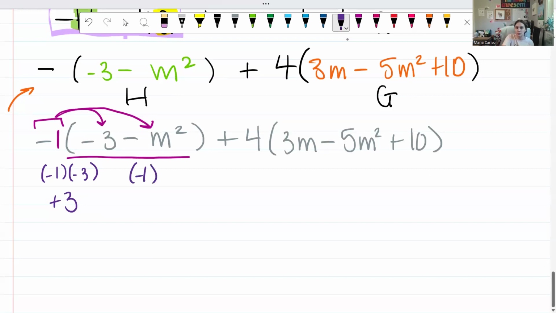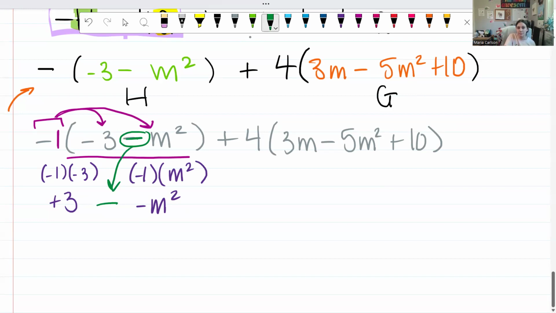And now you have a choice. We can make this plus negative m squared, or I can just leave the minus sign alone for now and multiply negative 1 times m squared, which is negative m squared. But since I didn't put the negative sign with m squared, I am going to drop it down.